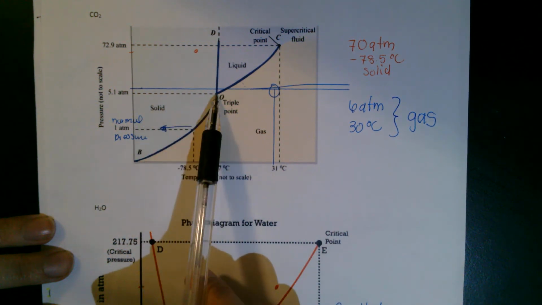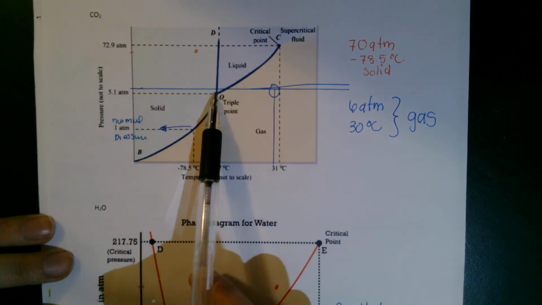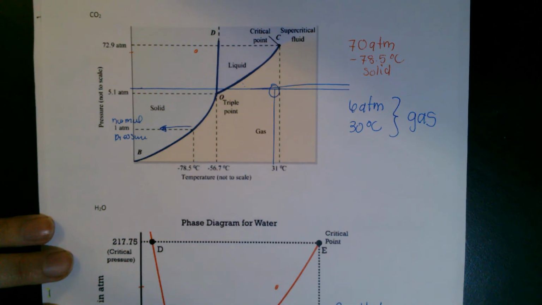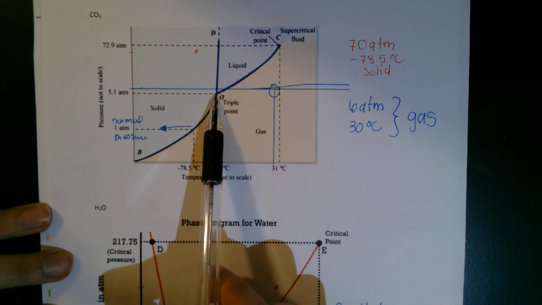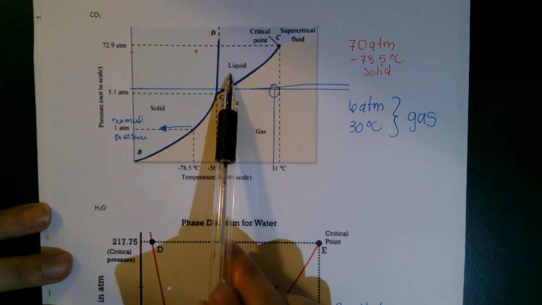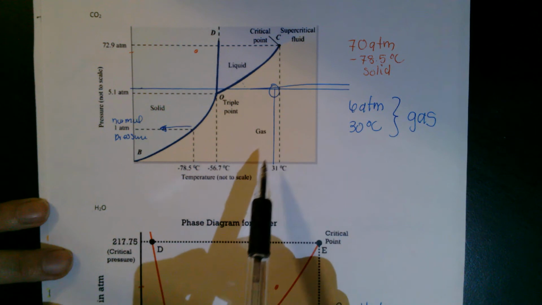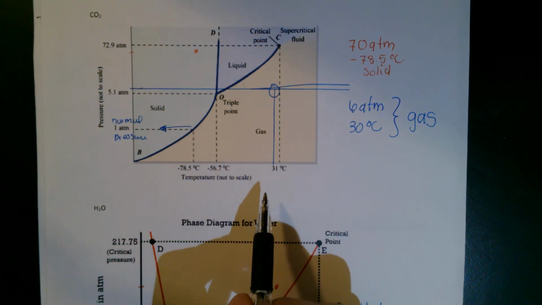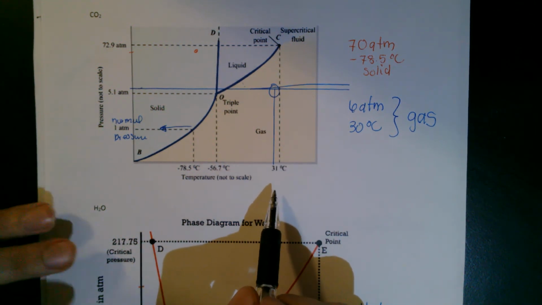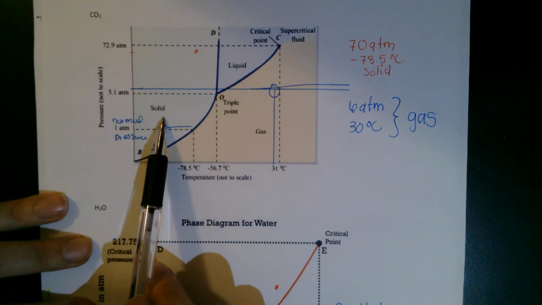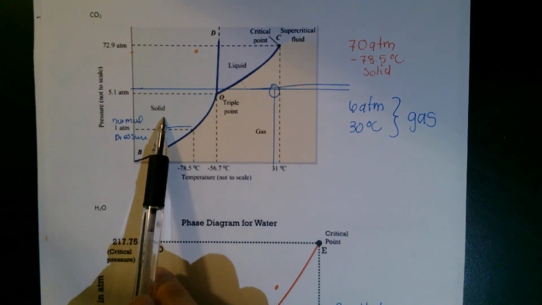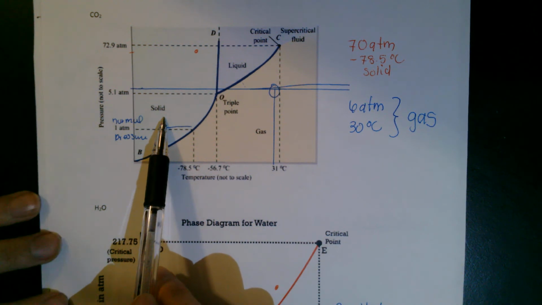The triple point for CO2 is 5 atmospheres and negative 56.7 degrees Celsius. The liquid phase for CO2 only exists at pressures above 5 atmospheres. If you've ever used this for Halloween or practical purposes, you can buy what's called dry ice, which is CO2 in the solid form, at grocery stores for the most part.